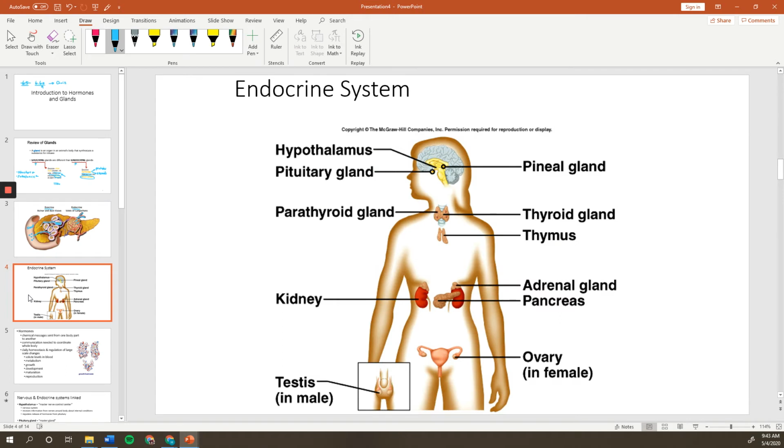So just an overview of some of the glands that we're going to talk about. I'll start up here. Pineal gland: this one is responsible for producing melatonin. I'm going to write them here just in case you want to have a big guide.